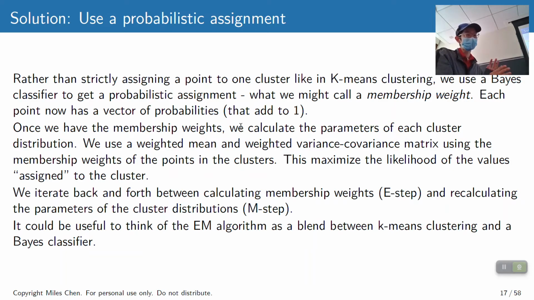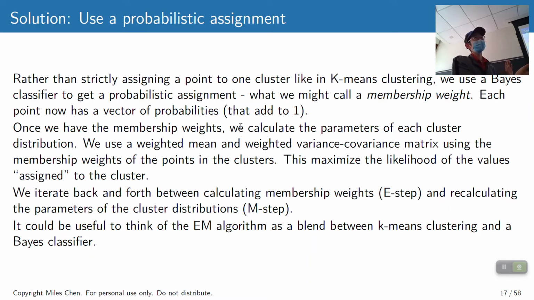And we go back and forth. You can think of the EM algorithm as a blend between k-means clustering and the Bayes classifier. In k-means clustering, we assigned the points to a cluster and recalculated the centroid, over and over. We're doing something very similar, except when we assign the points to a cluster, we do it probabilistically.